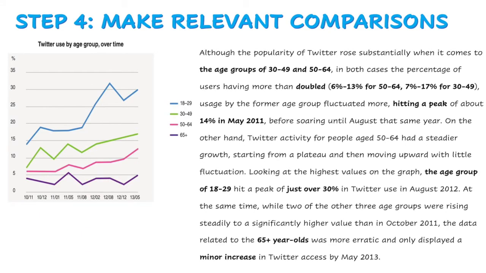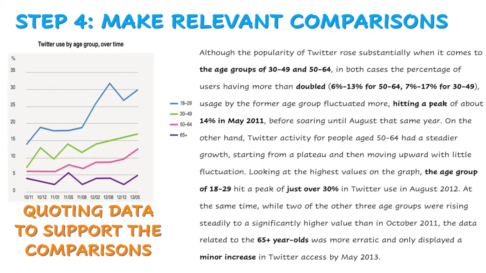Doubled, and then the 6% to 13%, the age group of 18 to 29, just over 30%. So as you can see, it's not just about making comparisons in abstract terms. Your comparisons need to be supported by data, and you need to quote it very carefully in your texts.